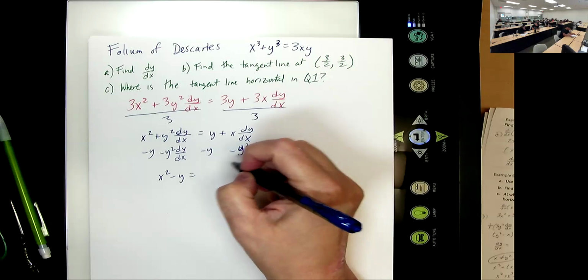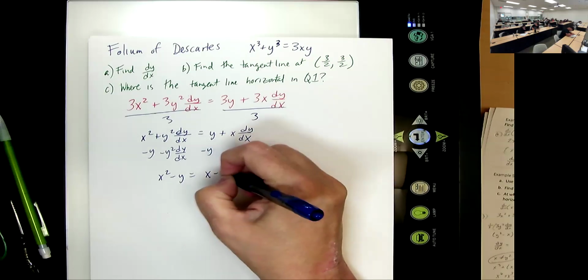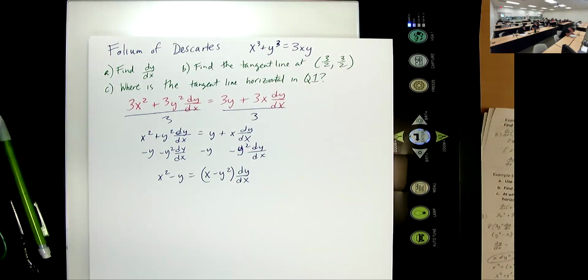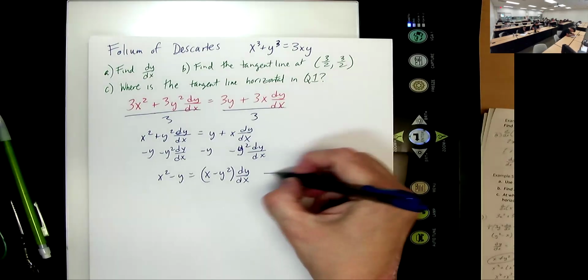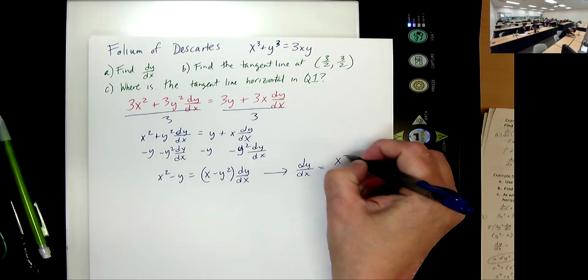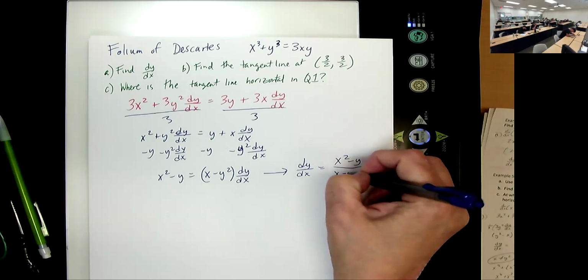After you factor out the dy/dx, dy/dx equals x squared minus y over x minus y squared.